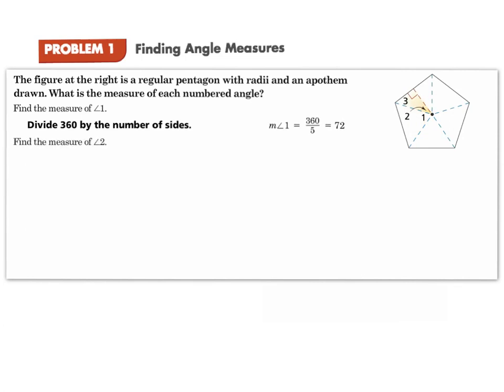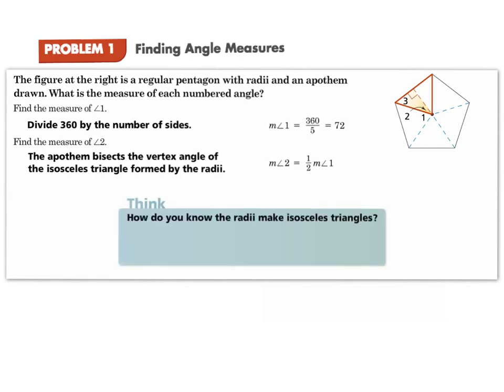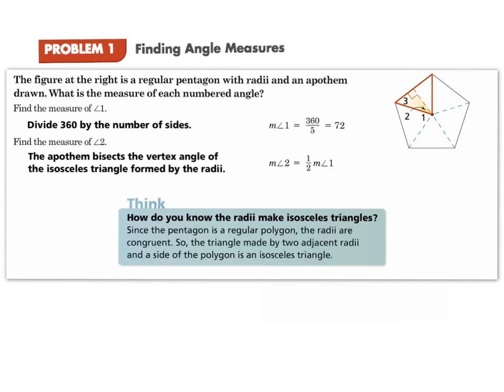Next, find the measure of angle 2. The apothem bisects the vertex angle of the isosceles triangle formed by the radii. So use the measure of angle 1, a vertex angle, to find the measure of angle 2. How do you know the radii make isosceles triangles? Since the pentagon is a regular polygon, the radii are congruent.